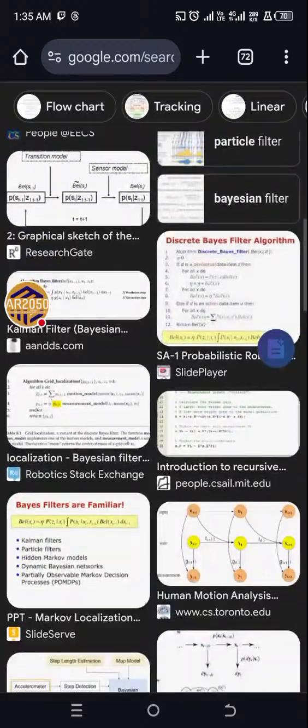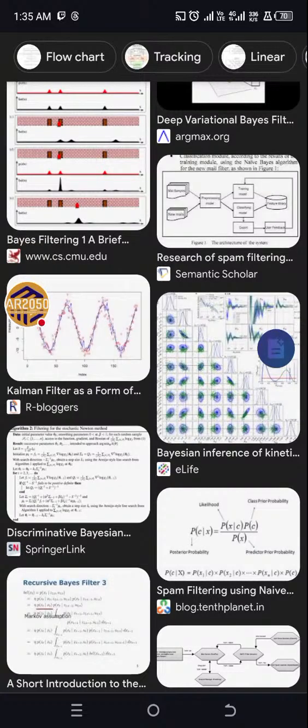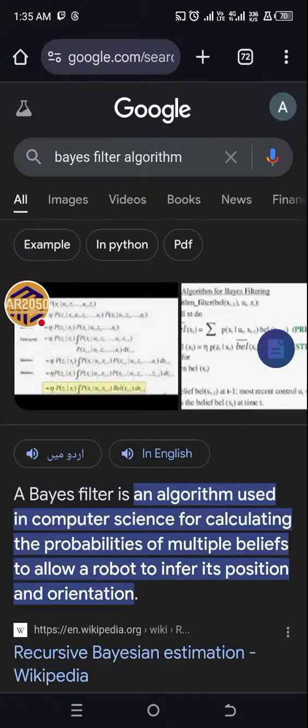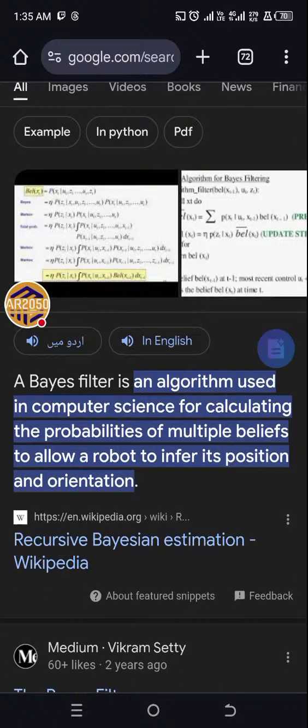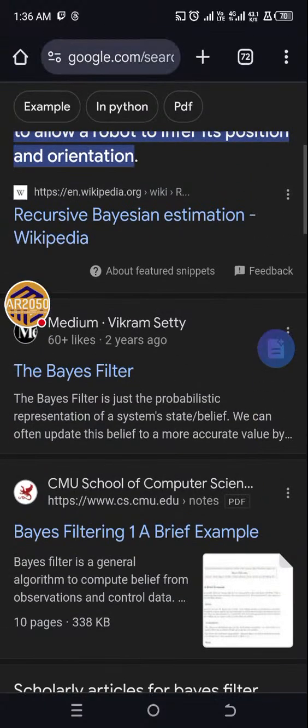Hmm. A Bayesian filter is an algorithm used in computer science for calculating the probabilities of multiple beliefs to allow a robot to infer its position and orientation. The Bayesian filter is just the probabilistic representation of a system state belief.